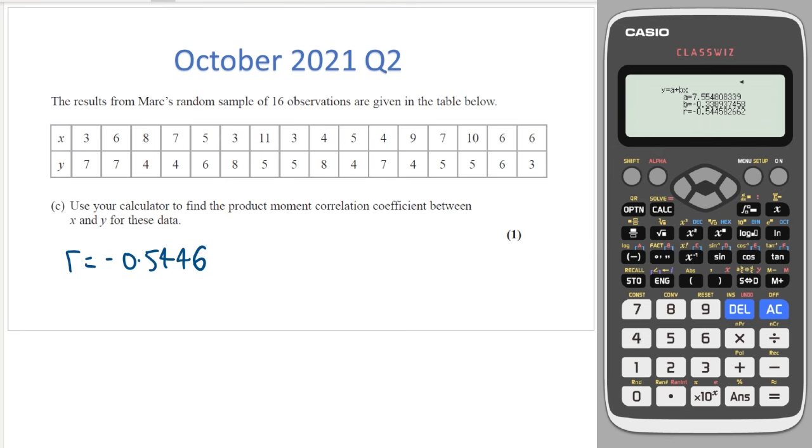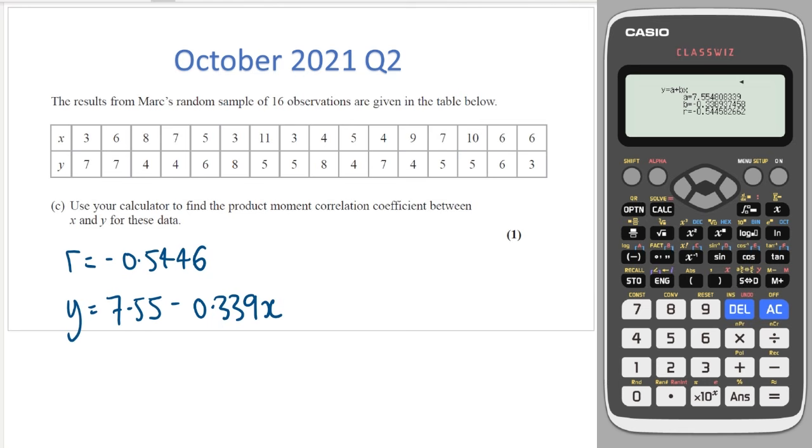Okay, perfect. And then what I could also do is, if I was asked to work out the regression line, then I could just write that y is equal to a, which would be 7.55, plus bx, so minus 0.339x.